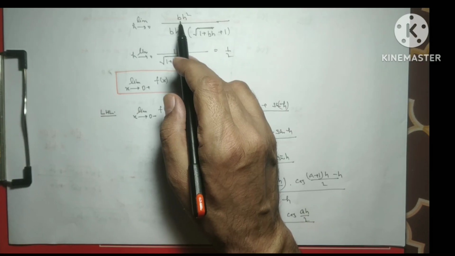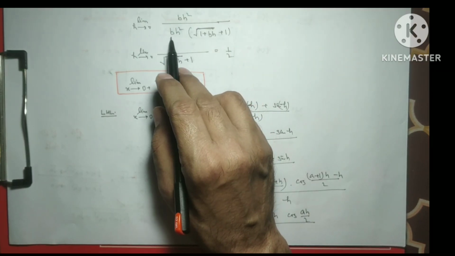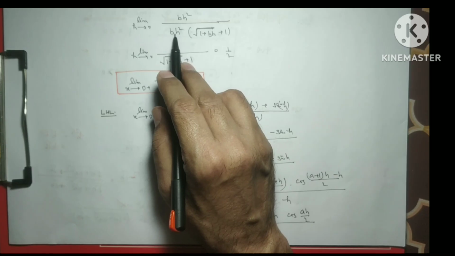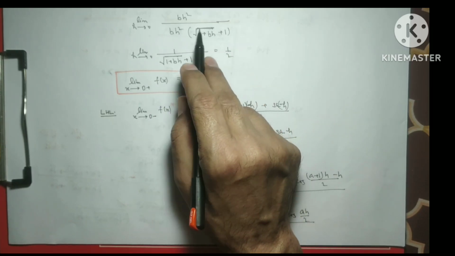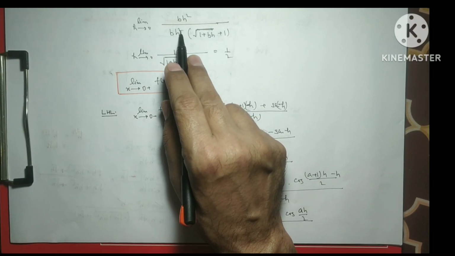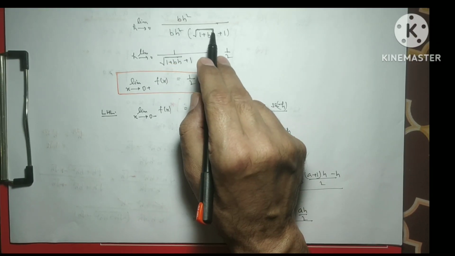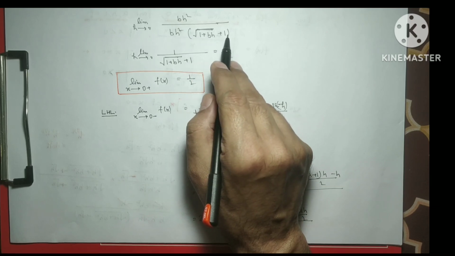It means the remaining numerator is bh square over bh root h, and on taking root h from this bracket we get h square, and the remaining part is 1 plus bh plus 1.